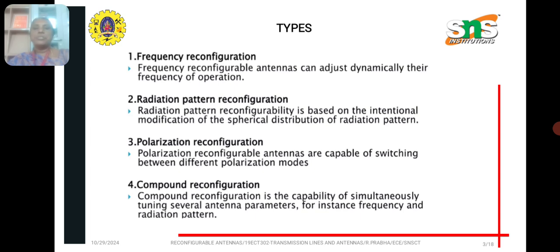Radiation pattern reconfigurability is based on intentional modification of the spherical distribution of the radiation pattern. Polarization reconfigurable antennas are capable of switching between different polarization modes. Compound reconfiguration is the capability of simultaneously tuning several antenna parameters, for instance frequency and radiation pattern.